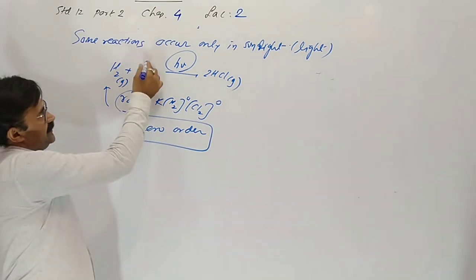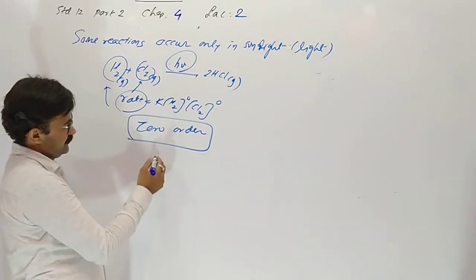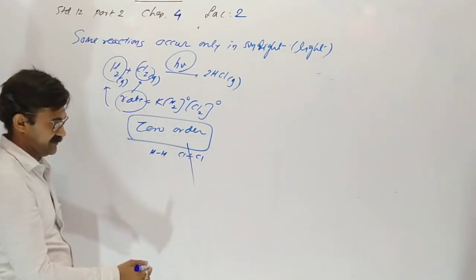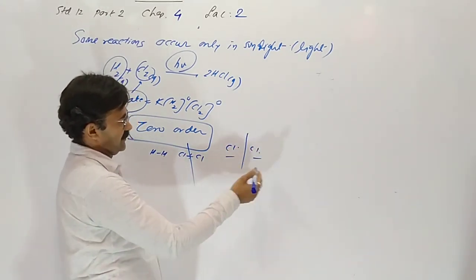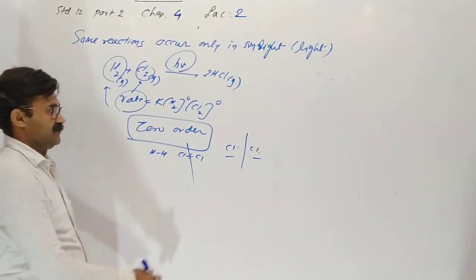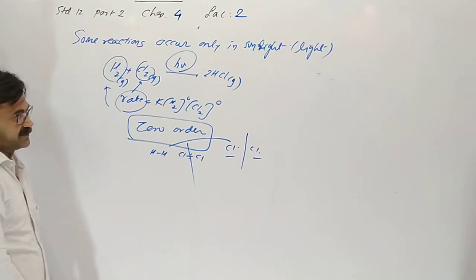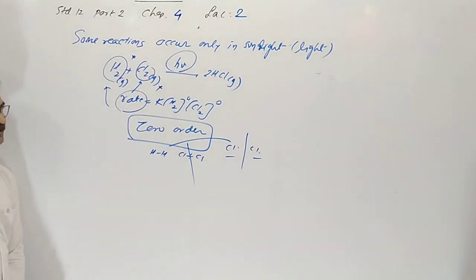When we take both reactants in a closed vessel, in a dark room, in the absence of sunlight, it never reacts. When we pass sunlight, the bond breaks between chlorine and a free radical occurs and it combines with hydrogen, gives hydrochloric acid. So this reaction is not depending upon the concentration of the reactants.